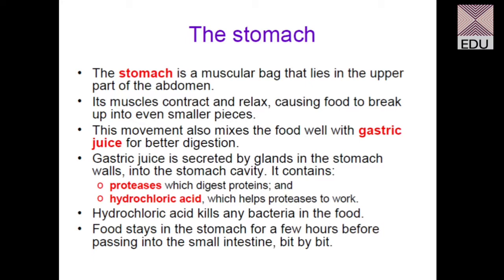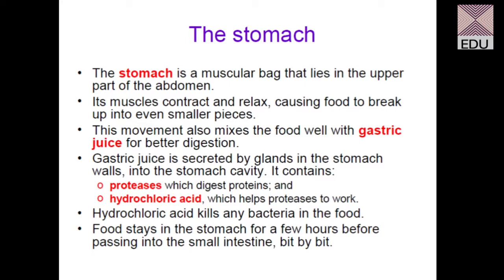The food stays in the stomach for a few hours before passing into the small intestine bit by bit. As the stomach has two parts, the cardiac and the pyloric, the food will first enter the cardiac part, then it will be masticated with HCl and proteases, then it will go to the pyloric part.